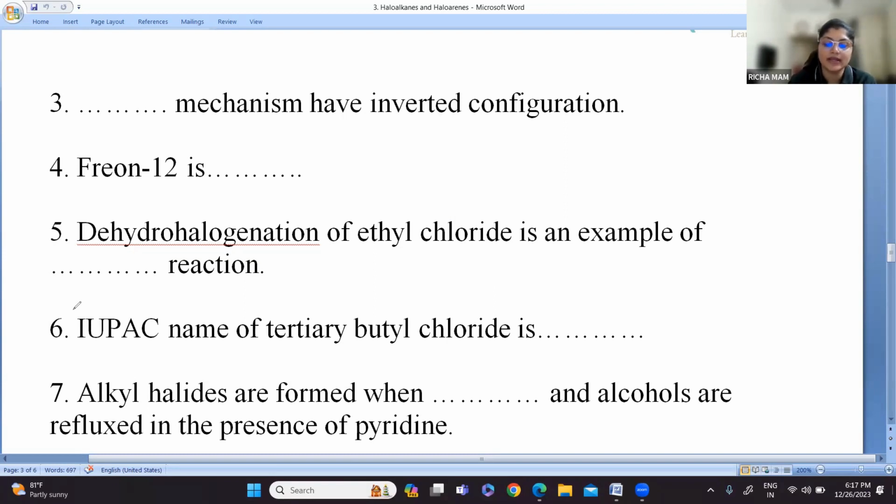This is the structure of tertiary butyl chloride. Your carbon has three other carbon atoms and a chlorine atom. So it is a tertiary butyl chloride. What is the IUPAC name of this particular compound?